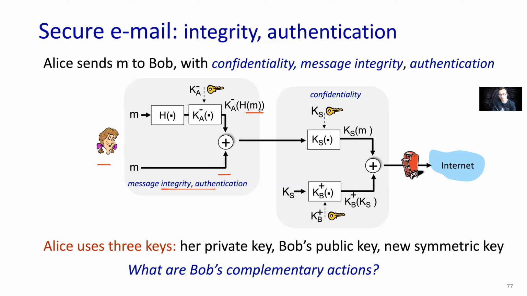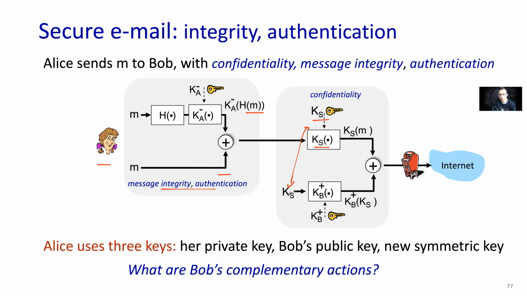Then we have the message. In the earlier instance, we were just sending the message in plain text along with the signature. Since we want to implement confidentiality here, we encrypt both of these, right? So here you notice the message and the signature are encrypted using the symmetric key, which is generated here, like you saw in the previous example.